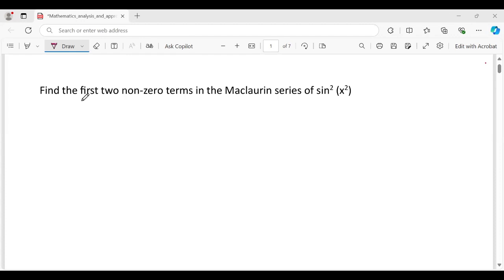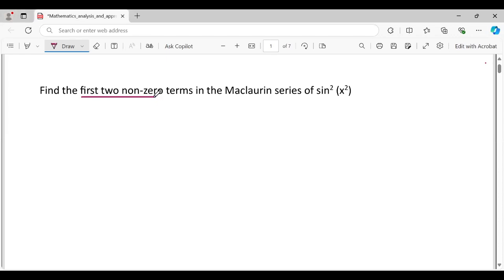So this is the Maclaurin series for sine x squared. Now, find the first two non-zero terms in the Maclaurin series of sine squared x squared.